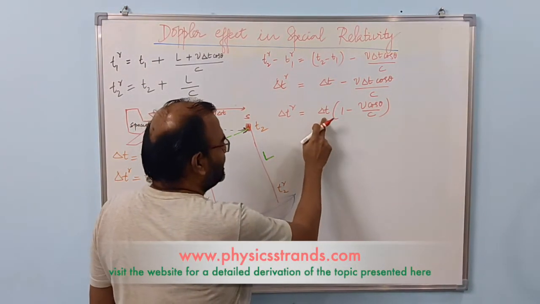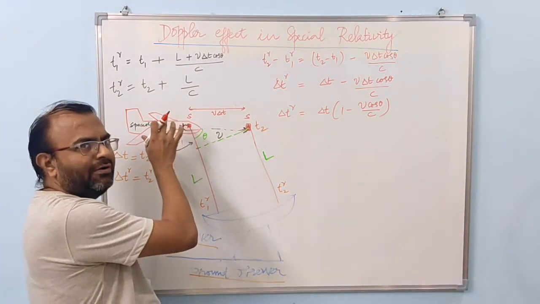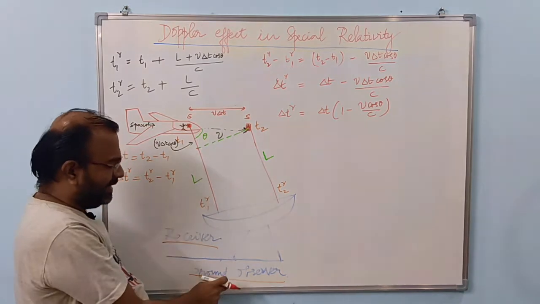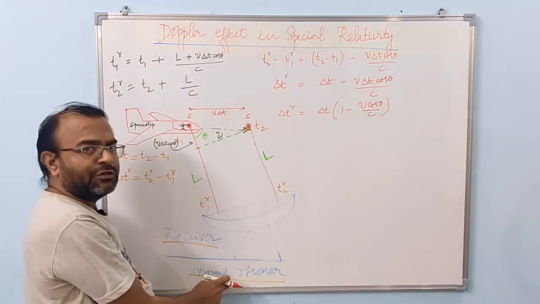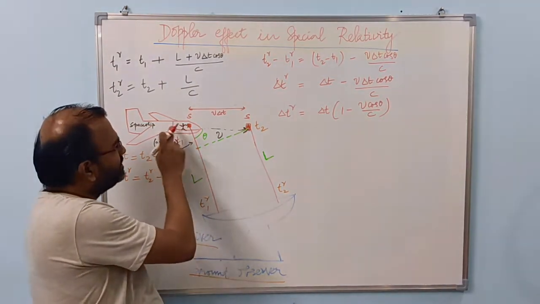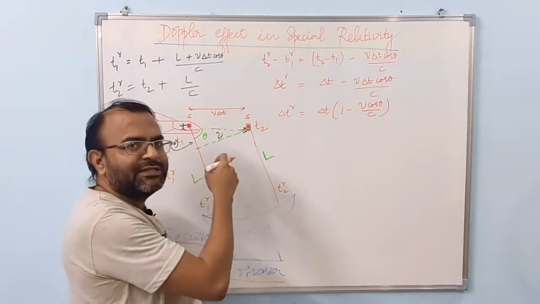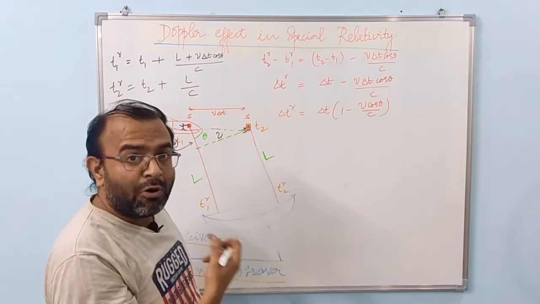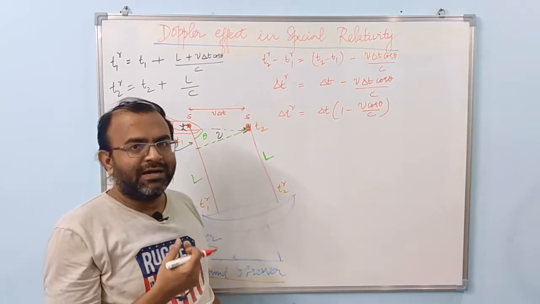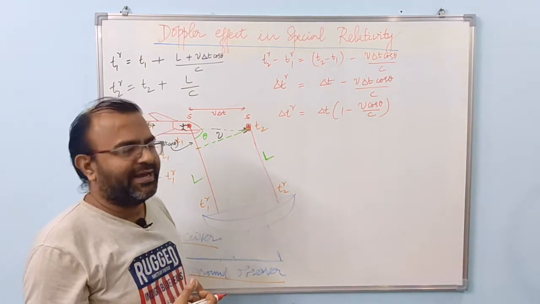Now this is the time as measured by the ground observer, so it is called the actual time. But in the spaceship, the time duration between two signals is going to be a proper time. So please check out my video on time dilation in special relativity if you don't know what is proper time.